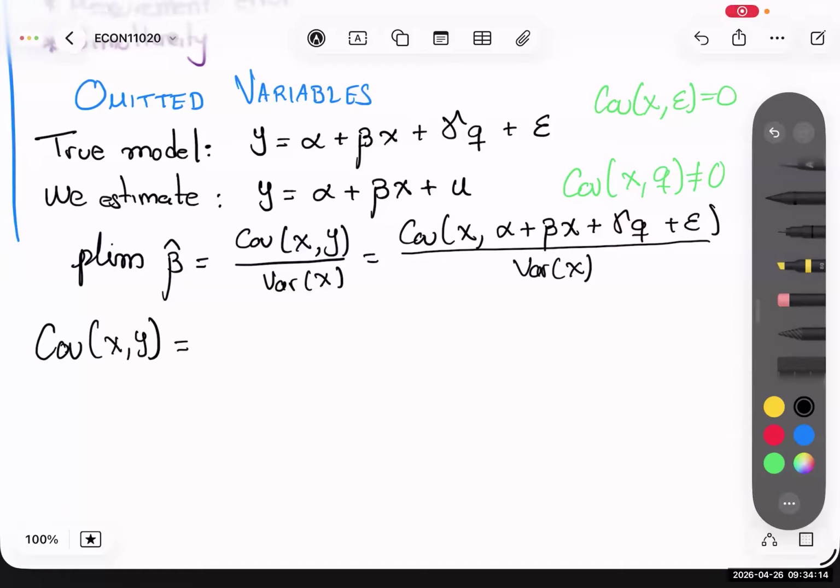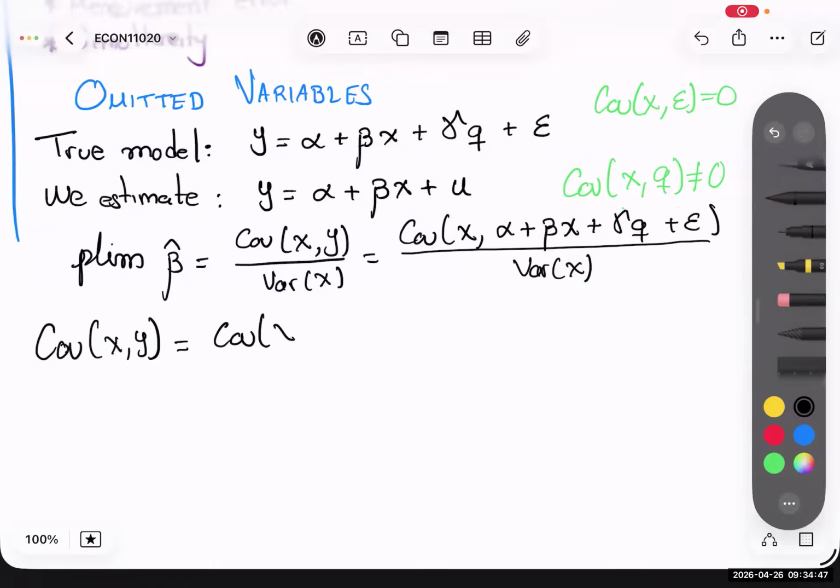Now for the numerator, we will form pairs between this x and all these other elements, which means that the first pair that we are going to form is x with alpha. And I'm going to write down all the steps here. If you want to skip some of those steps, it's fine as long as you understand what you're doing.